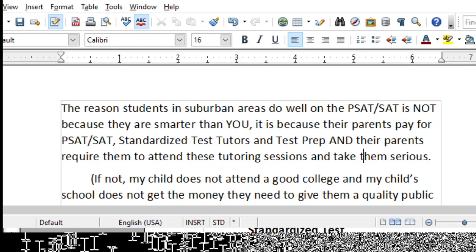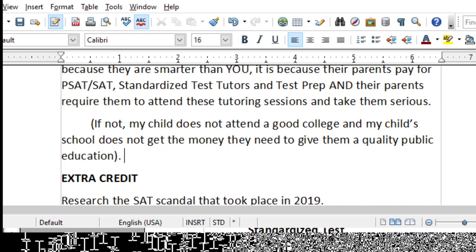So, if the child does not attend these tutoring sessions, then they don't attend a good college, and their child's high school does not get the money they need to give them a quality public education.